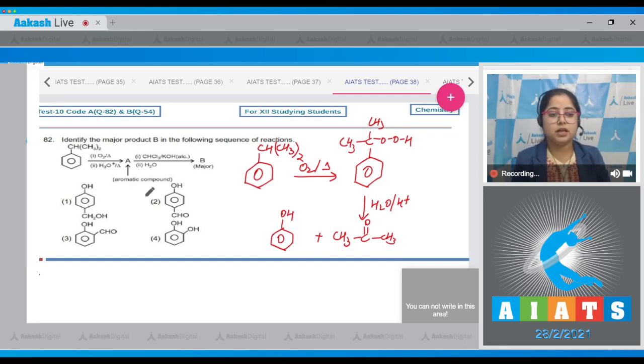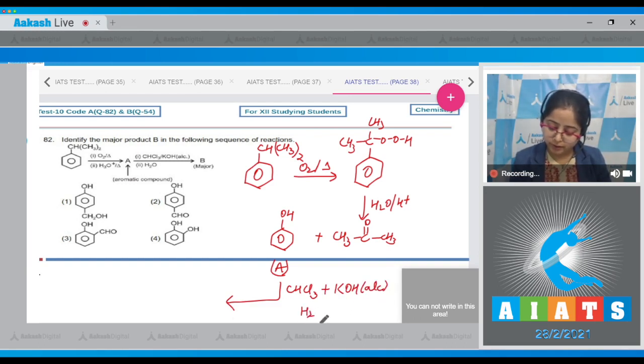Since it is given that A is an aromatic compound, so this is A. This one reacts with CHCl3 plus alcoholic KOH followed by H2O.